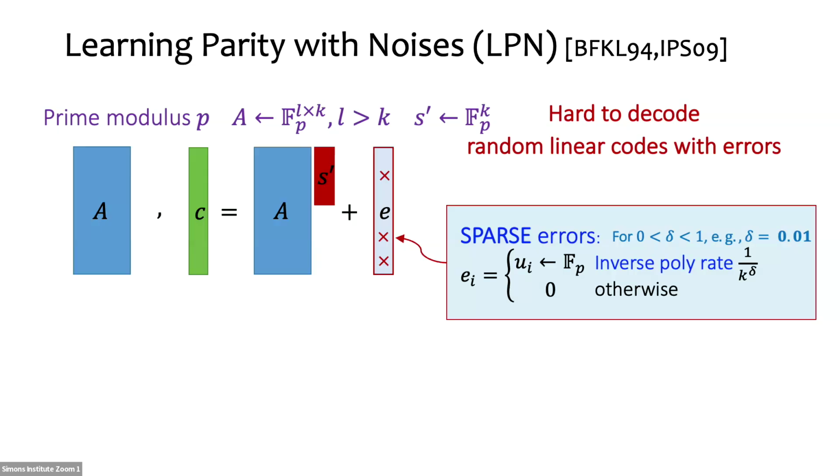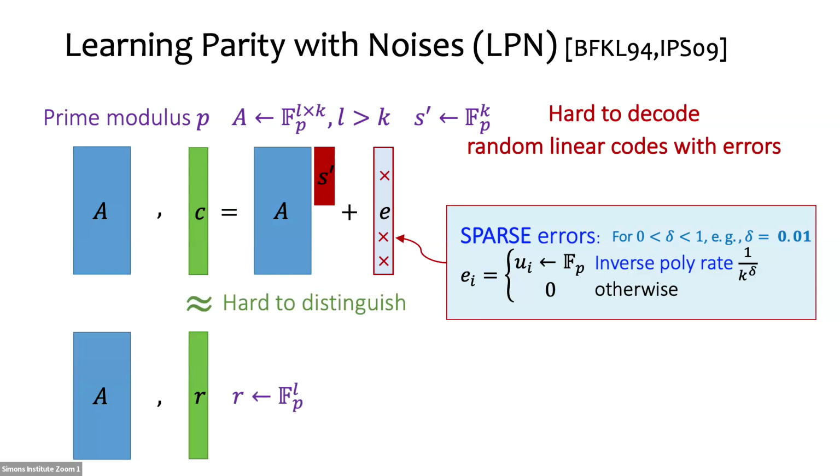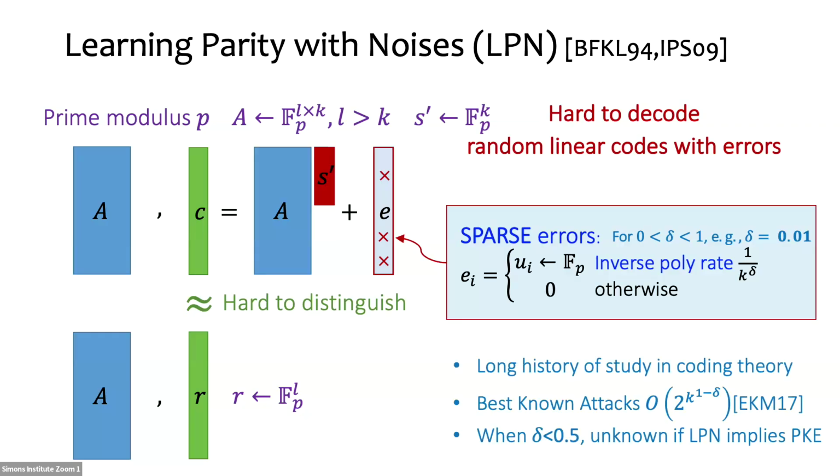Here we allow a fairly large error rate, which is 1 over k to the delta for any delta between 0 and 1. Furthermore, once we have the hardness of recovering the secret S prime, we can also show that it's hard to distinguish the C component from a random vector from the field.